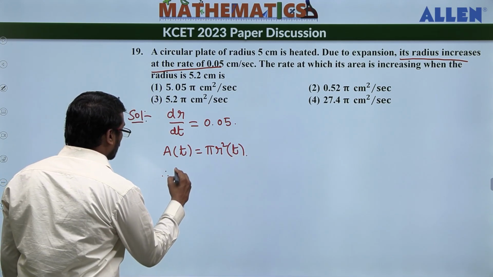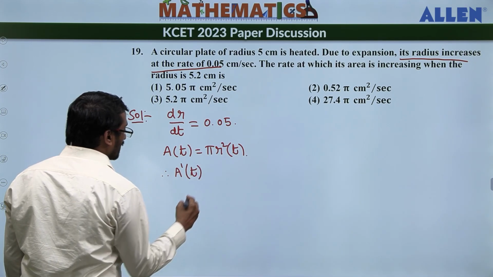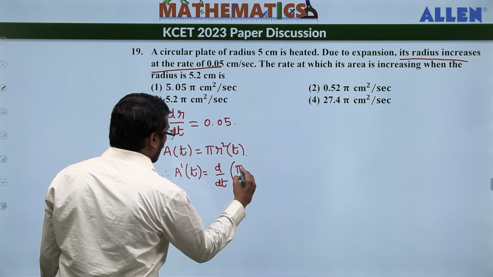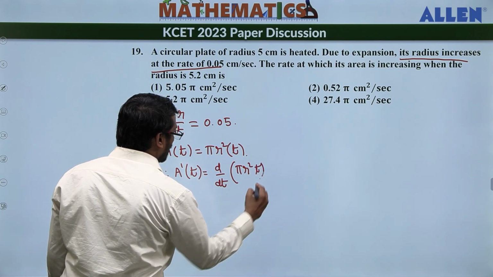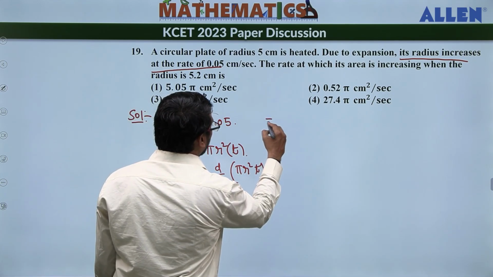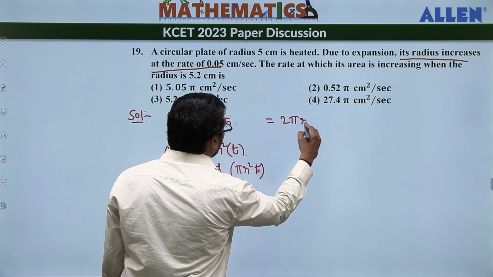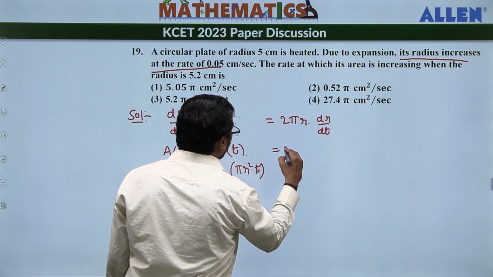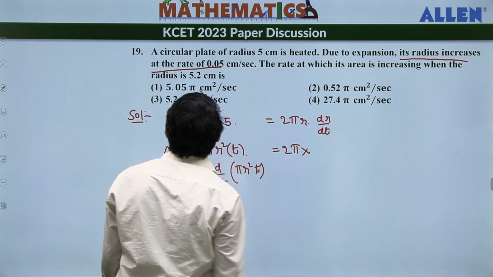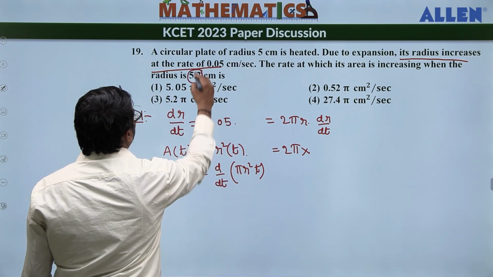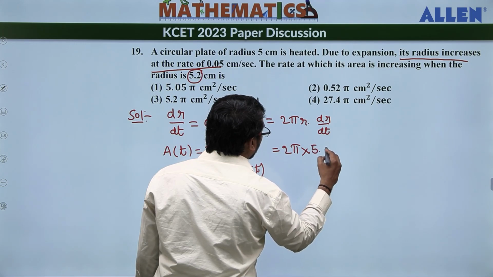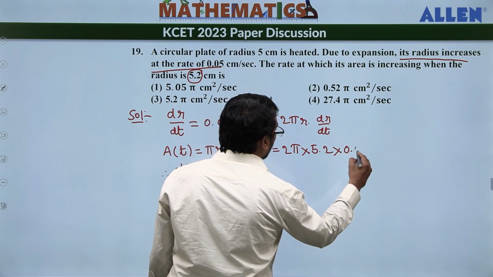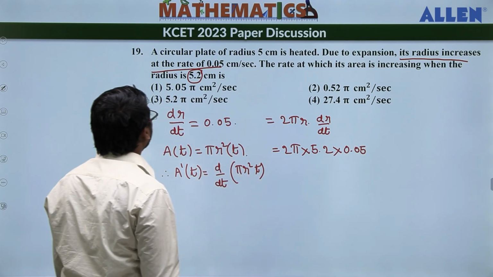Therefore, A dash of t, d by dt of pi r square, is equal to 2 pi r dr by dt. What is radius given? 5.2. dr by dt is 0.5.